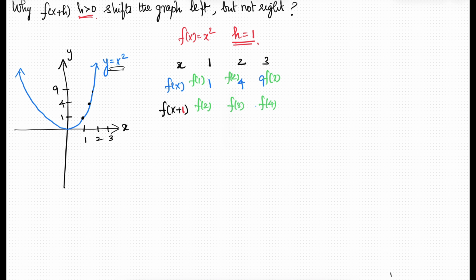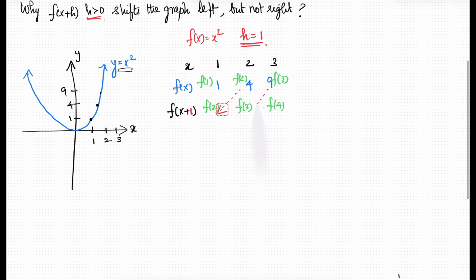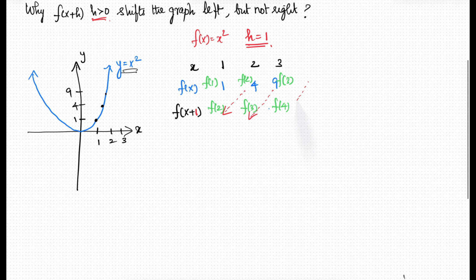So f of 2 means I will be having this one's value over here, and f of 3 means I will be having this one's value over here and the other expression's value over here. So the result would be 4, 9 and then 16.